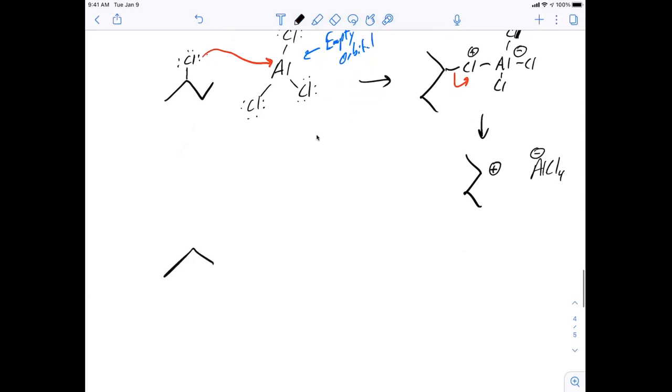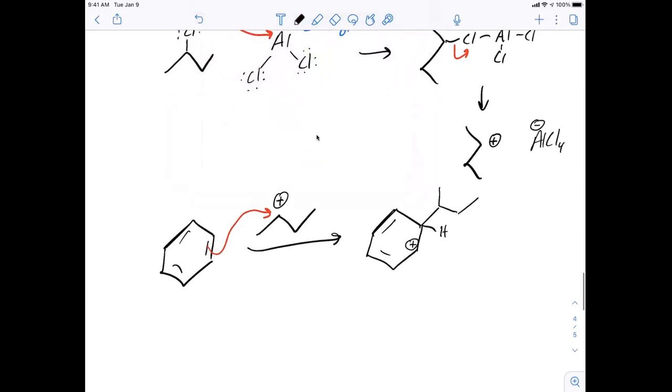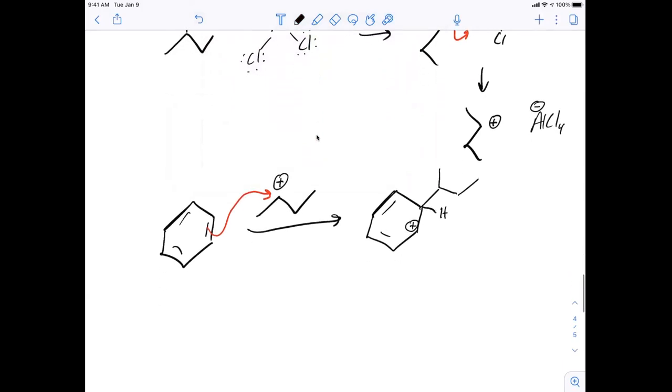Now, once we have the carbocation, then we have our electrophilic aromatic substitution. So same reaction. Third verse, or by this time, fifth verse, right? So the nucleophile attacks the carbocation, the electrophile. That gives me this tetrahedral intermediate. Okay. So I've got the carbocation here.